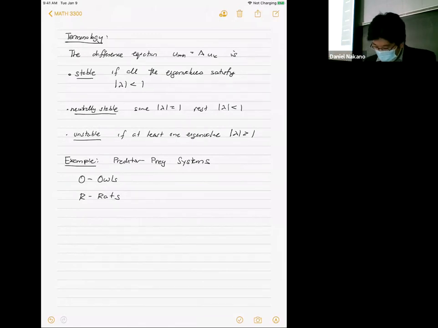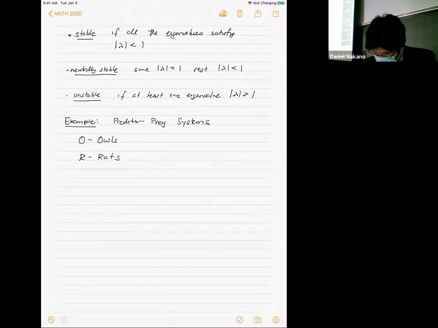Let O sub k be the number of owls in year k, and R sub k be the number of rats in year k.